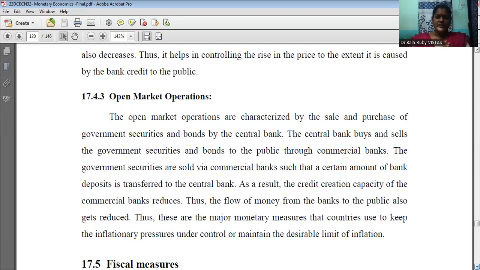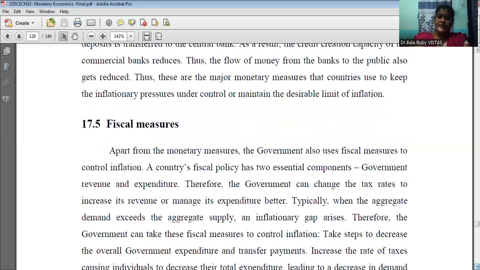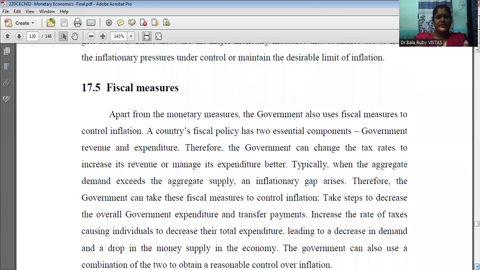As a result, the credit creation capacity of the banks reduces. Thus, the flow of money from the banks to the public also gets reduced. Therefore, these are some major monetary measures that countries use to keep inflationary pressure under control or maintain the desirable limit of inflation.